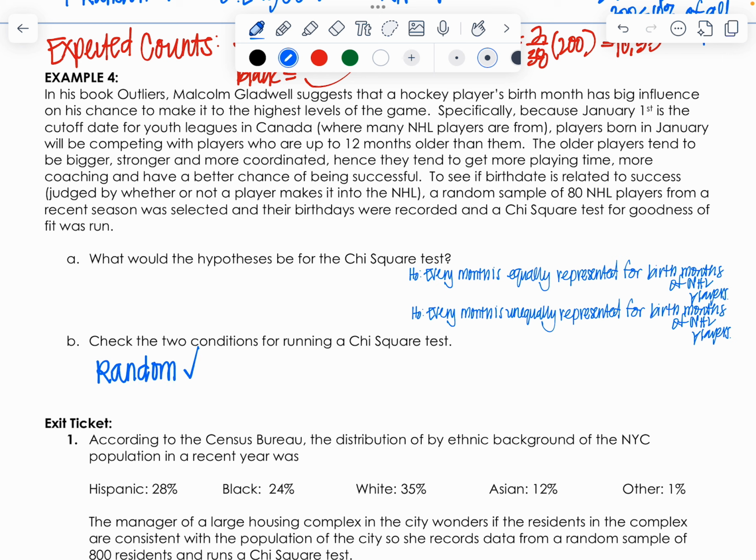Yes, right, they took a random sample of 80 NHL players. Expected counts. Well, it's large counts, I guess, is the actual condition, but we have to use our expected counts. Would be checked off, and let's talk about why. So here, we would expect every month to be represented. So here, if I write expected.